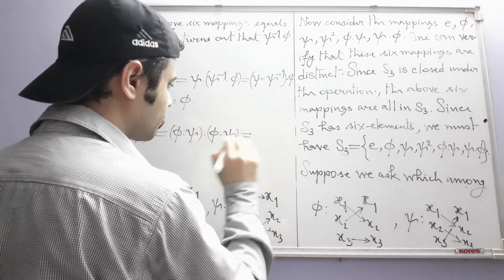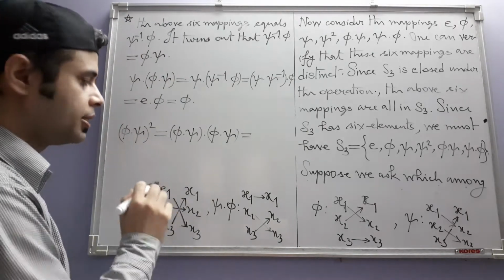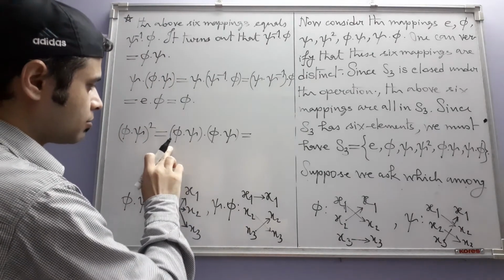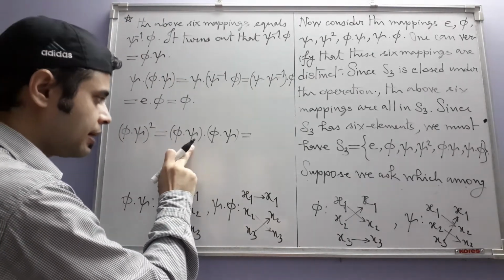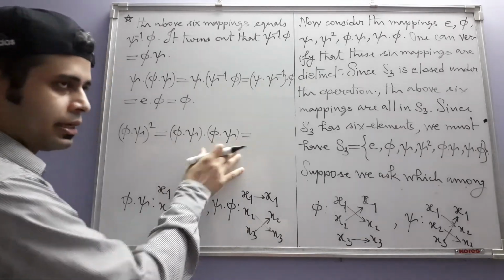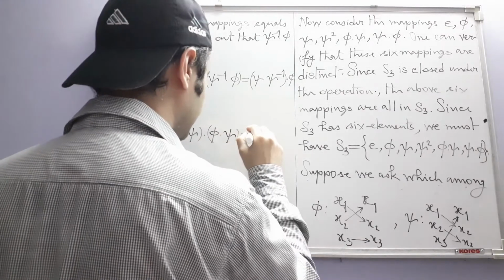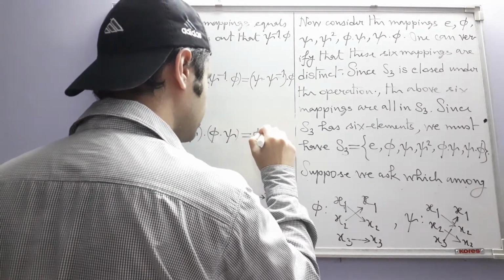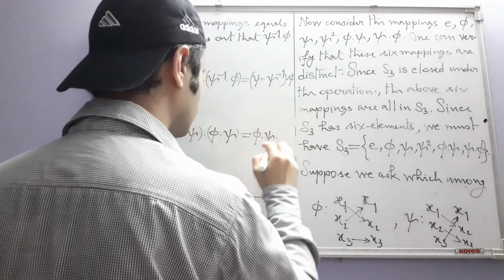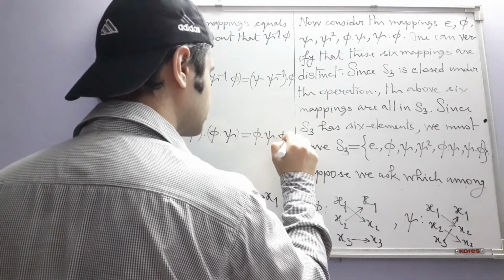Okay, now first we apply the associative law, treating phi, psi and phi dot psi as three elements. Doing that, we get phi dot psi dot phi dot psi.